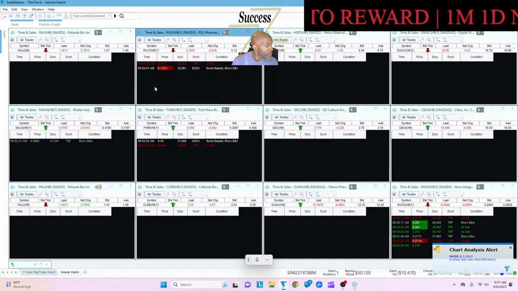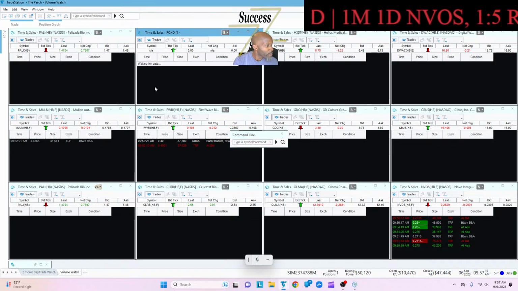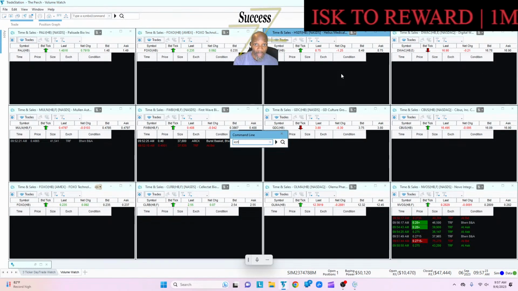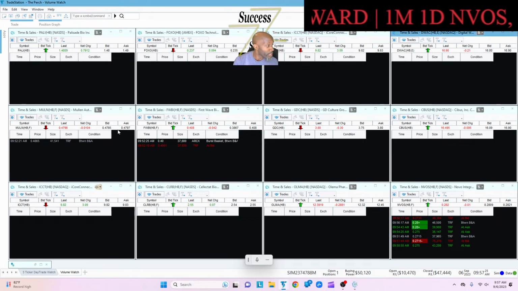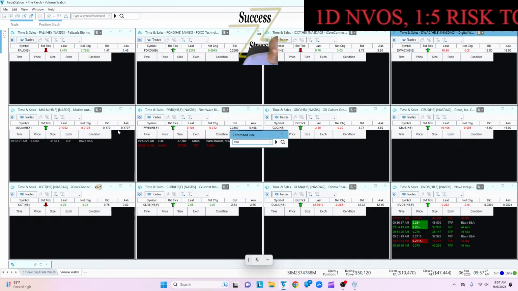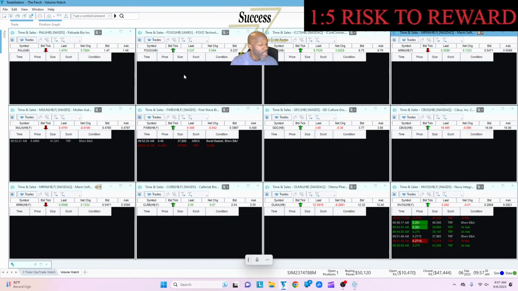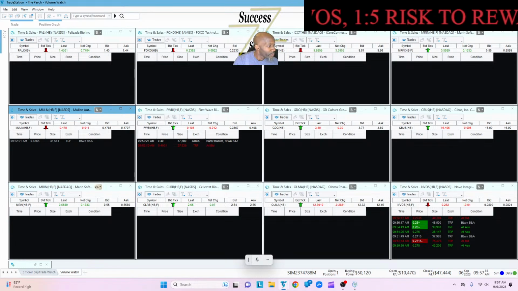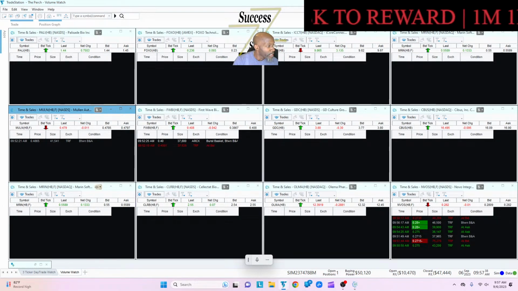PLI, FOXO, and I'm just going down the 1% gainer list that is provided by the TradeStation platform. So nothing special here. That's the top row. The top row is sorted by percent. I'm going to do the next row sorted by volume.